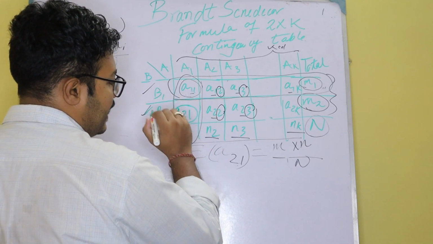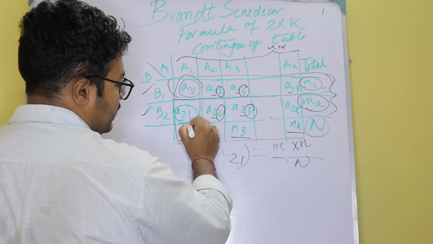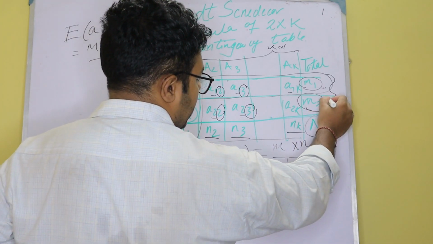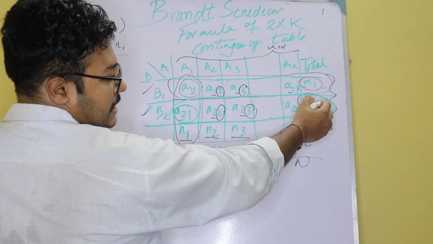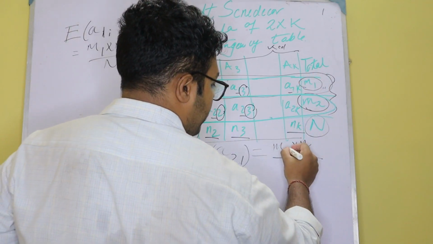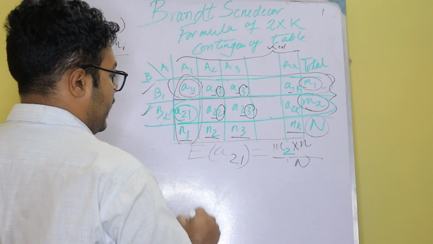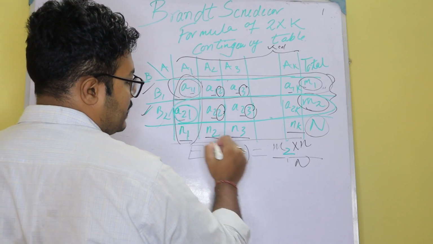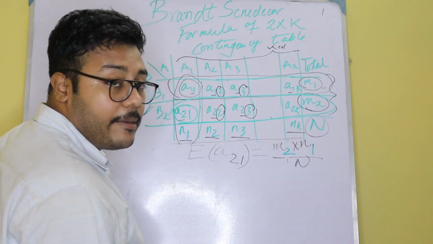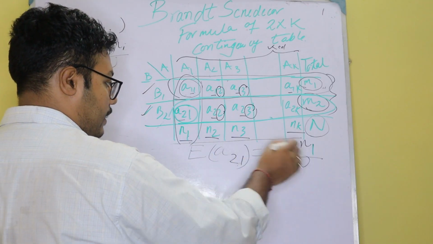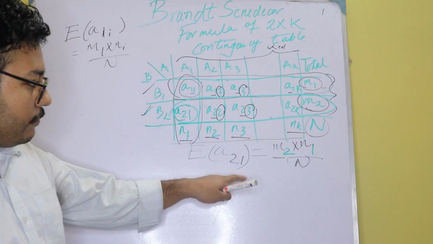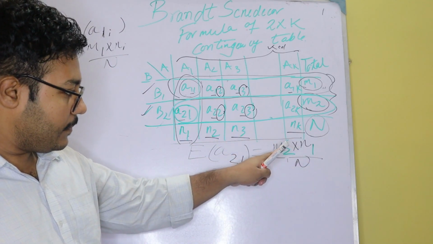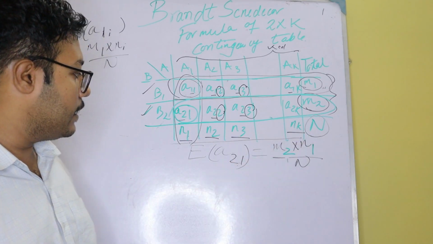Now the 21 means second row. The sum of the second row is this m2. Sum of the second row is m2. So I am writing here 2. And the sum of the first column is n1. So I am writing here 1. And this will become like this: E of a21 will be equal to m2 n1 by N.